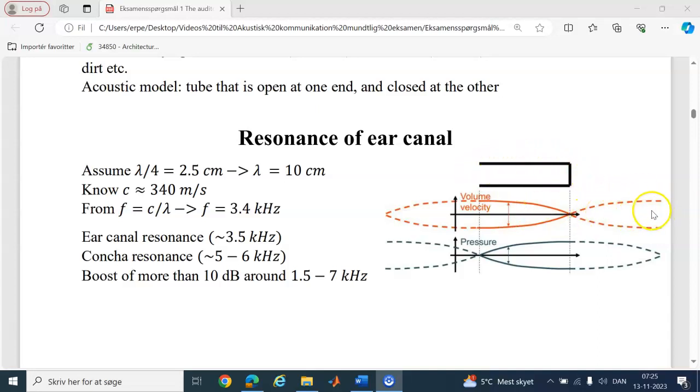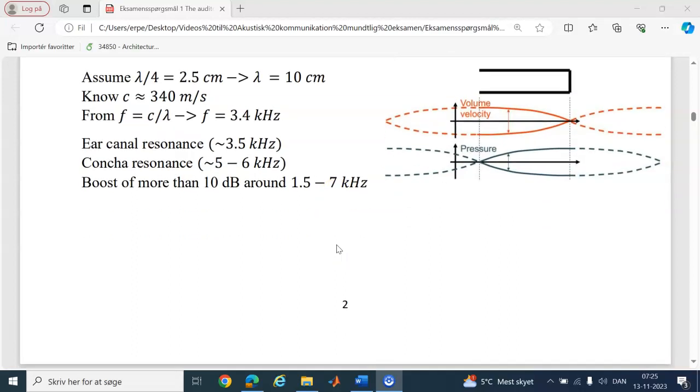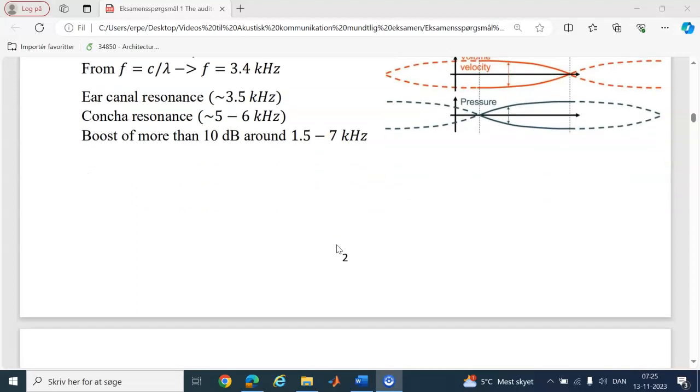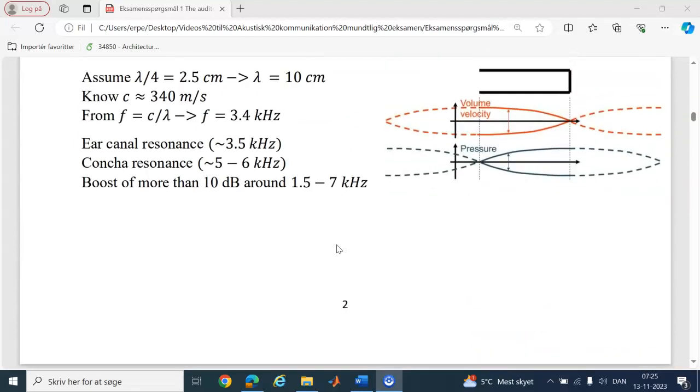Besides the ear channel resonance I talked about, there's also a concha resonance at about 5 to 6 kilohertz, because of this head-related transfer, a boost of more than 10 dB around 1 to 7 kilohertz. Yes, so it makes a total of maximum 20 dB more.